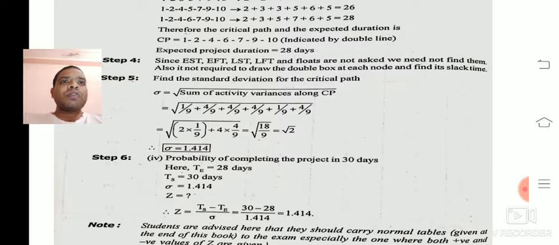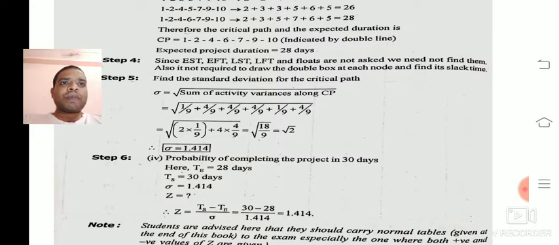Now we need to find the probability of completing the project in 30 days. That is TS, which is given in the problem as 30 days. As you know, sigma equals 1.414.